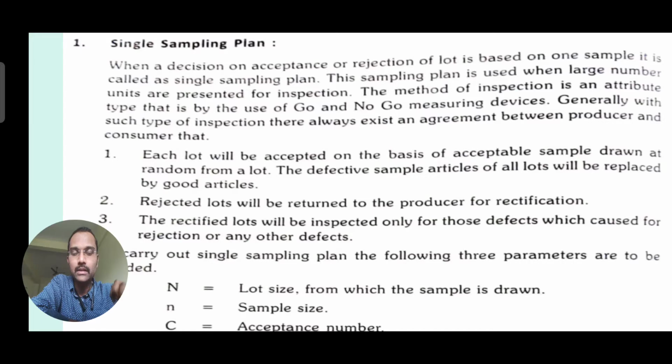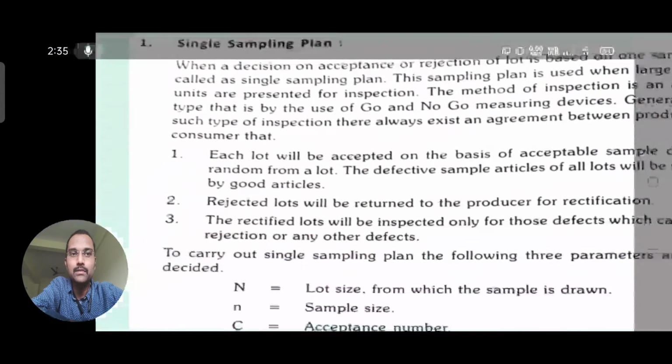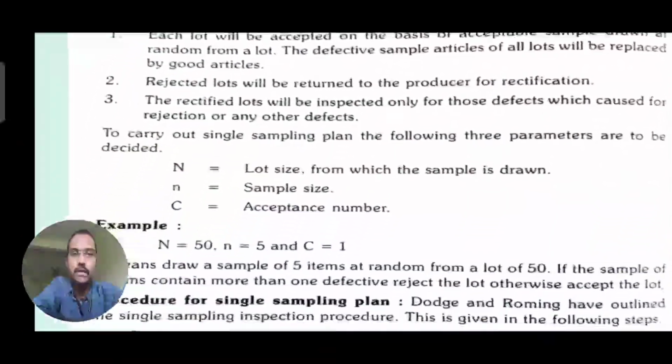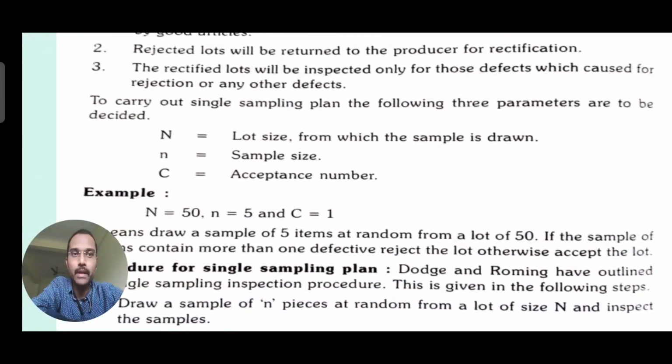If you go for rectification, the rectified lots will be inspected for those defects which caused rejection or any other defects. So this is regarding a single sampling plan.